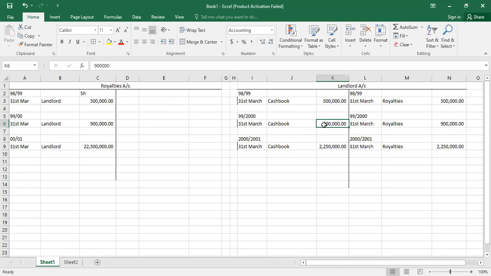Are we there? So our last transaction will be as at the end of the financial period. So we'll be closing these books for the first year. So we are going to debit now the manufacturing account and credit the royalties account. So manufacturing.